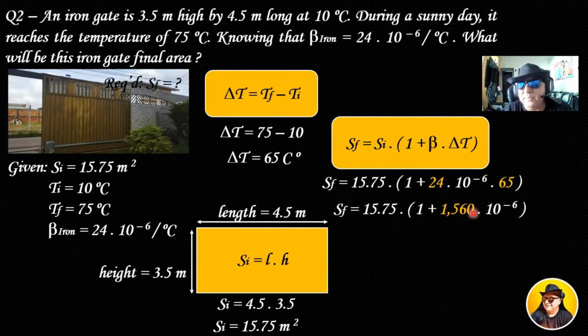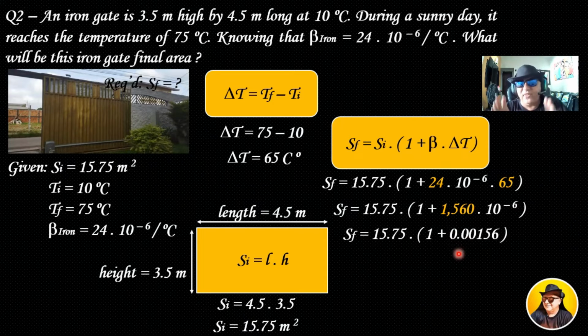Let's see, 6 spaces: 1, 2, 3, 4, I need to move 2 more, 5, 6. Complete the blanks with zeros, and forget about this 0 in here. So I have now 0.00156.